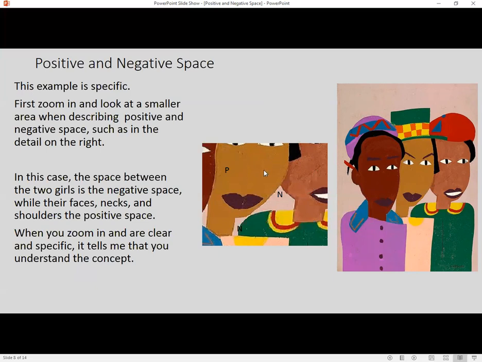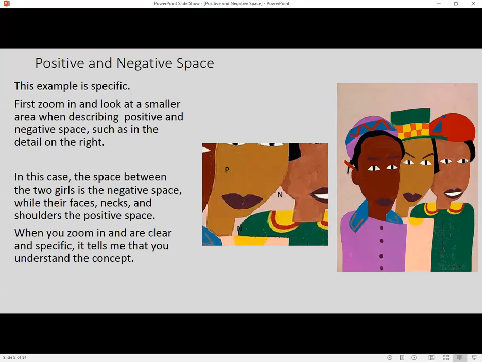So the girls' heads, their necks, this girl's shoulder in the green and yellow and red, and this little bit of area of the dress of the girl that's in taupe and yellow. Those are the positive spaces. And in between those two girls is the negative space. So when you're that clear and specific, it helps me understand that you understand the concept.